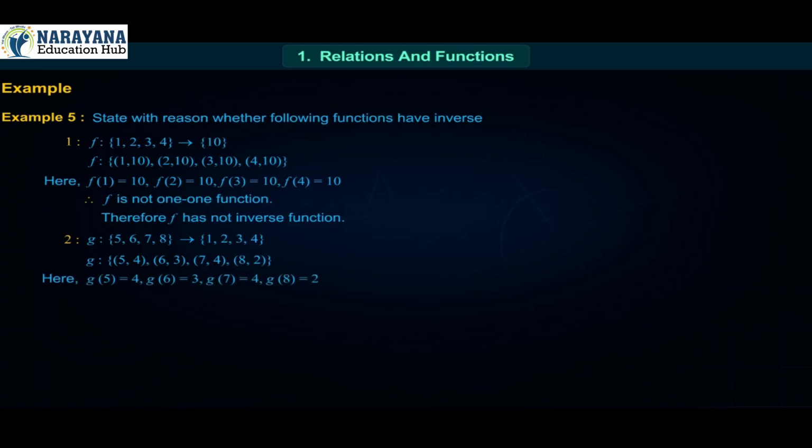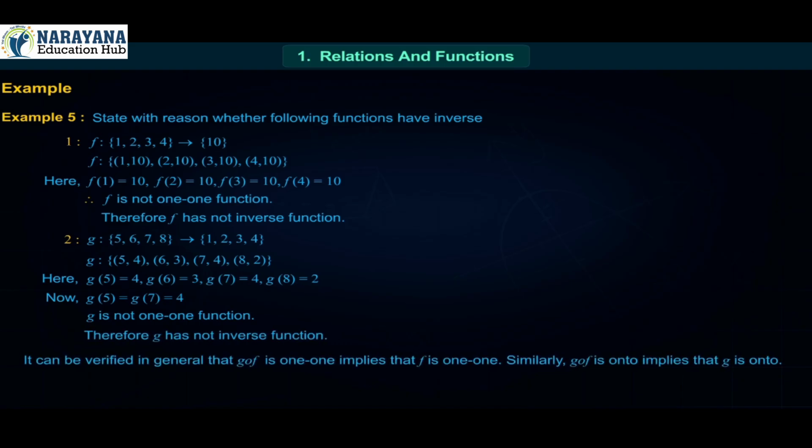Here G of 5 is equal to 4, G of 6 is equal to 3, G of 7 is equal to 4, G of 8 is equal to 2. Now G of 5 is equal to G of 7 is equal to 4. G is not 1-1 function. Therefore, G has no inverse function.